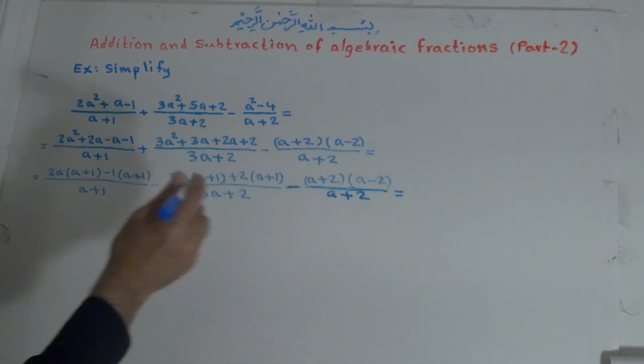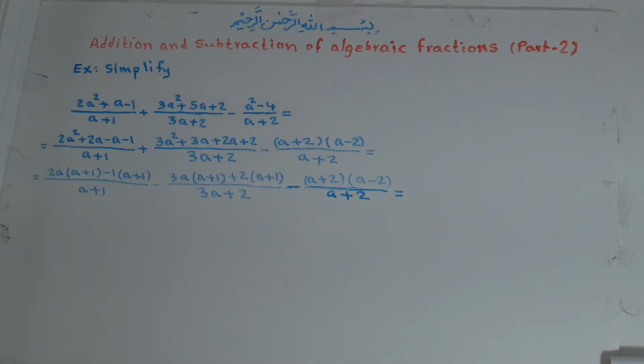So this is equal to, now from here we take common, what is common? A plus 1 is common in both terms. A plus 1 common. What is remaining?